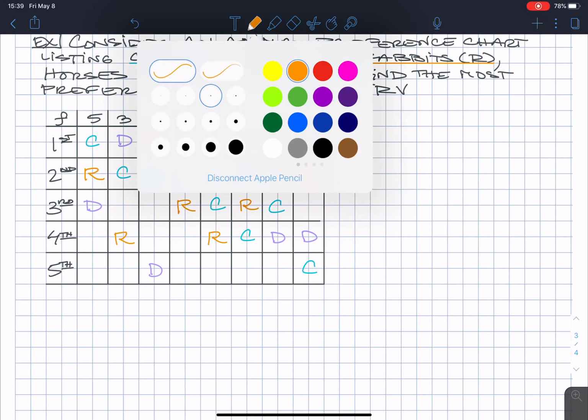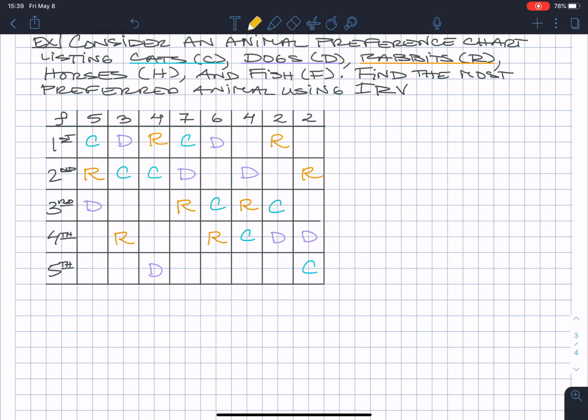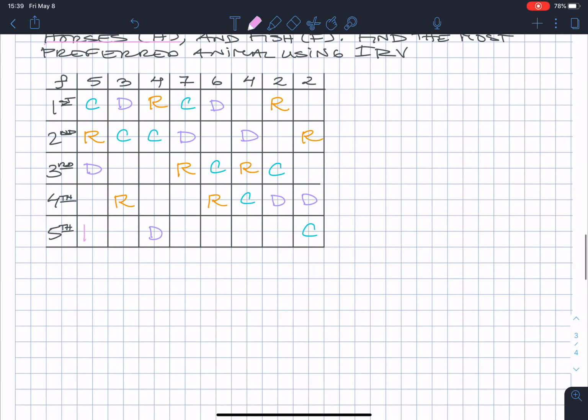Okay, so now I need new numbers. I think I'll do pink for horses. The first column has horses last, then horses last, then horses 3rd, then horses 4th, then horses 5th, then horses 1st, then horses 5th, and horses 3rd.